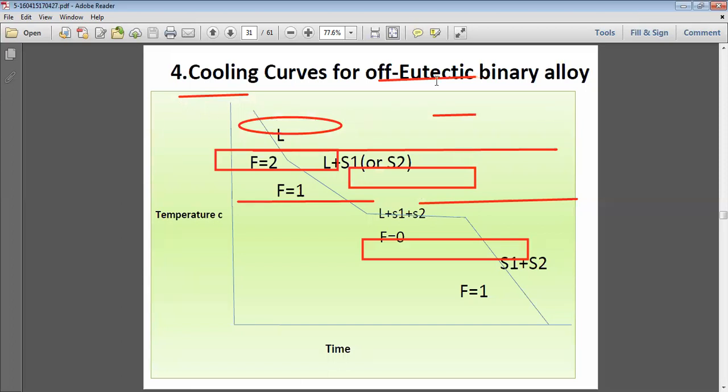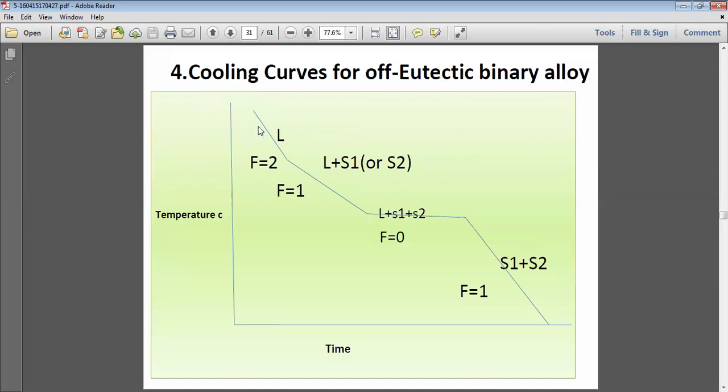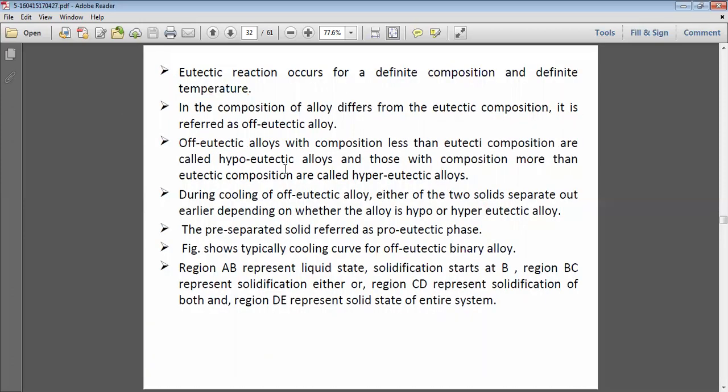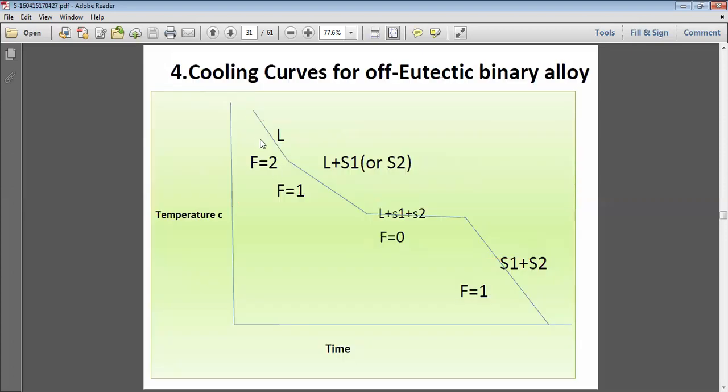This is the liquid state here. Then solidification starts at B. So this is the first stage, where solidification starts from this point B.